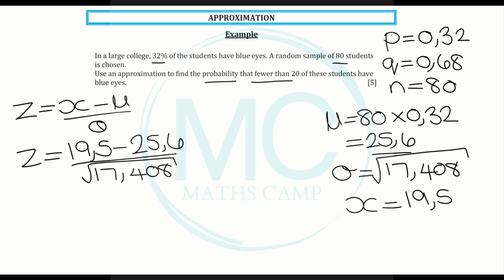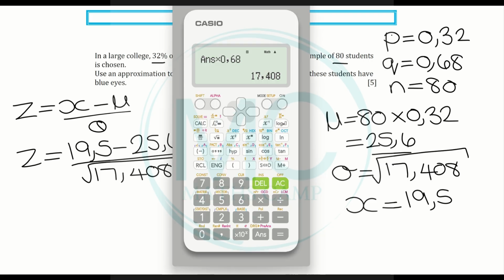Now I can take my calculator. Let's create a fraction. 19,5 minus 25,6 over the square root of 17,408 is equal to negative 1,462, and so on. For a z-score, we round off to 3 decimal places.